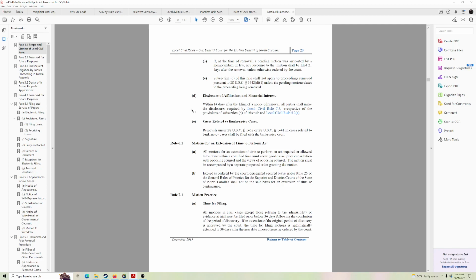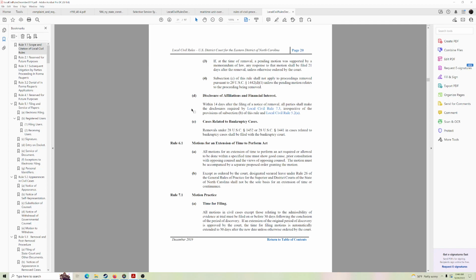All motions for an extension of time to perform an act required or allowed to be done within a specific time must show good cause, prior consultation with opposing counsel, and the views of opposing counsel. The motion must be accompanied by a separate proposed order granting the motion.